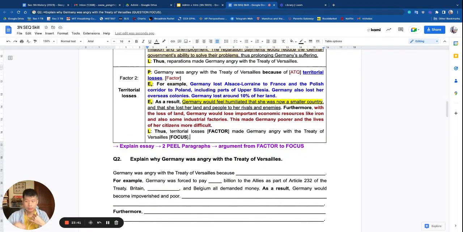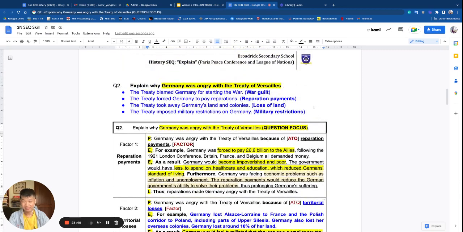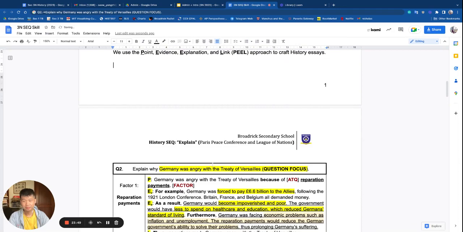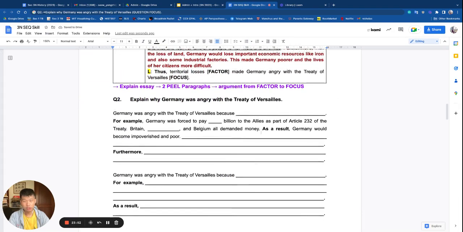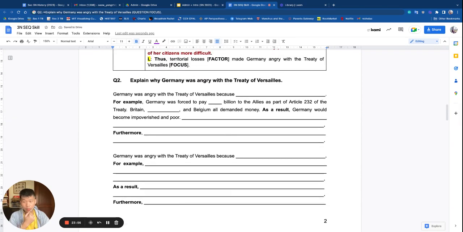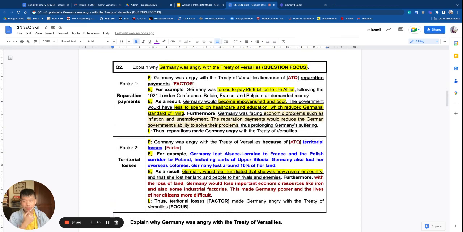I'm ending this whole lesson soon. It's already 23 minutes. What do you do at the bottom of this page? This is the same question. I want you to copy this whole paragraph as it is, like that.